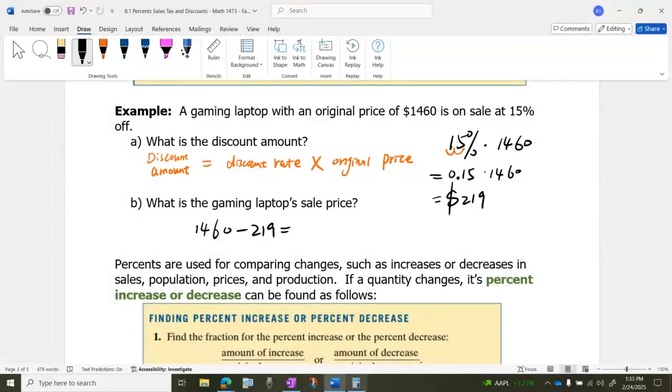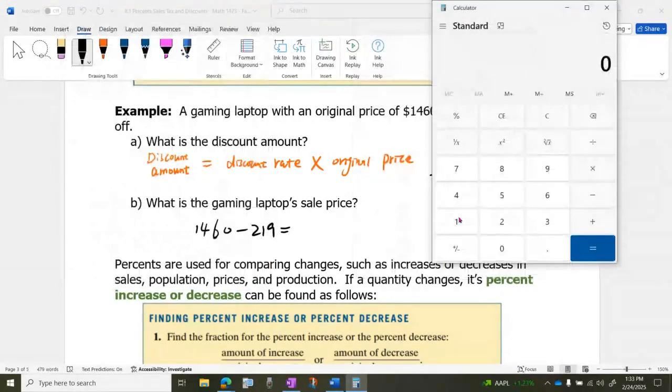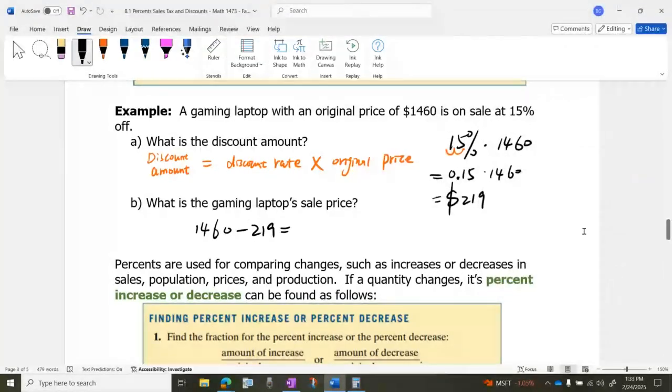Let's see what we have. 1,460 minus 219 is 1,241. 1,241 dollars, so that's the new price. That's the laptop sale price. Does that make sense, guys? Pretty straightforward, right?